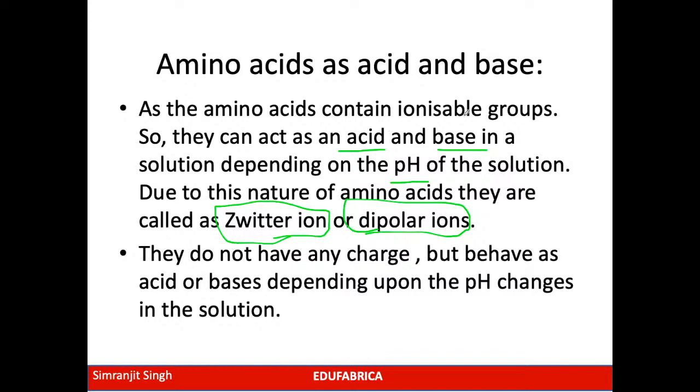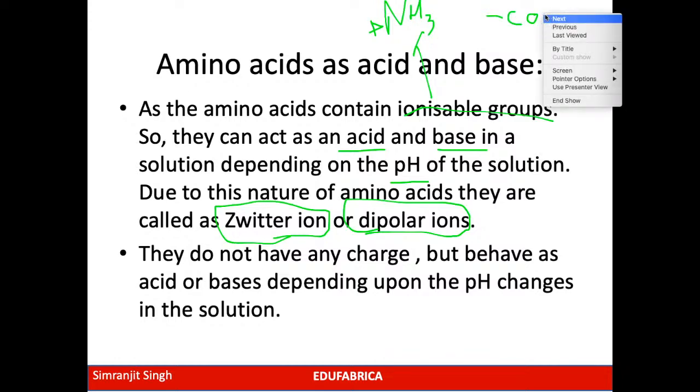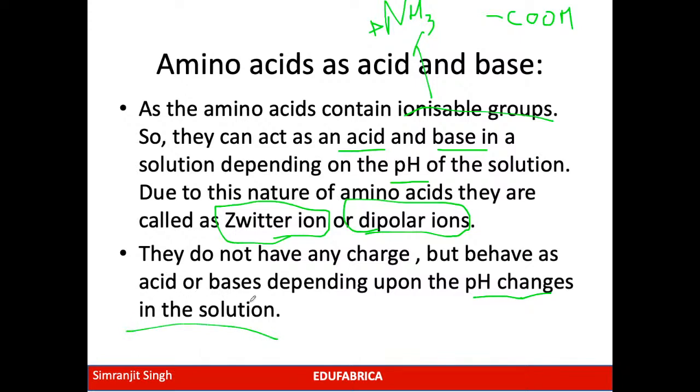This happens because of the ionizable groups, that is NH3 plus and COO minus. They do not have a net charge but behave as acid and base depending upon the pH changes in the solution. Usually they are neutral, but as the pH changes, they start to act as a base or acid.